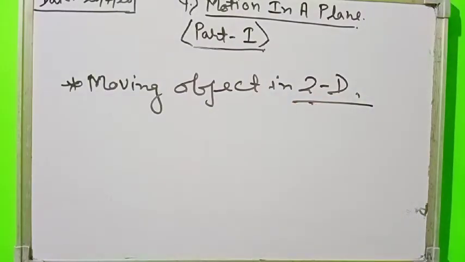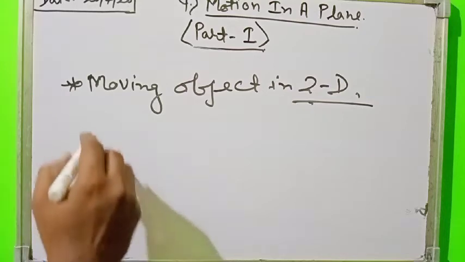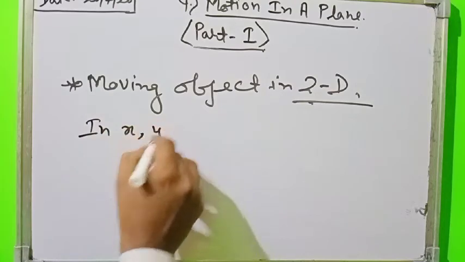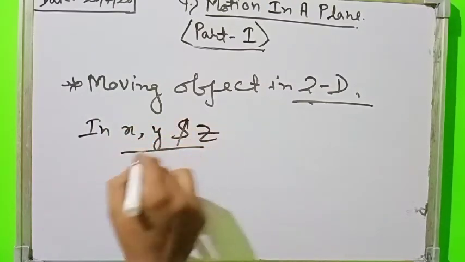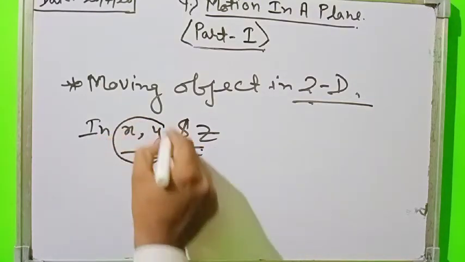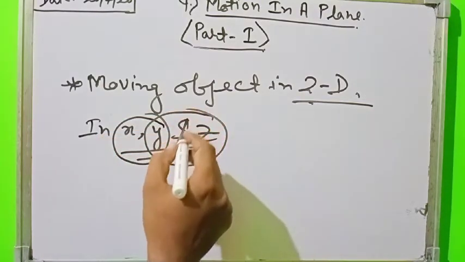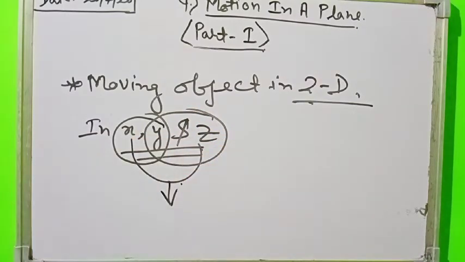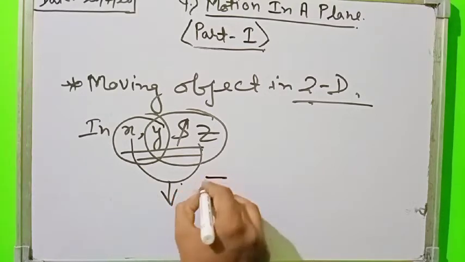If we are talking about two-dimensional motion, then among the three coordinate axes x, y and z, we have to select two axes, either xy or yz or x and z. Any two coordinate axes we have to discuss. So here it is important for us to know about the direction.